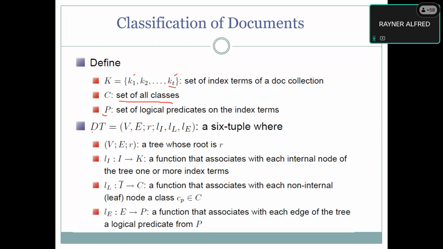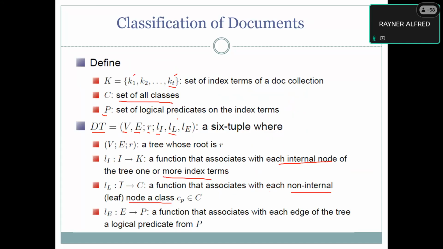So the decision tree consists of the vertex, the edge, the root, the internal function. This is a function that associates with each internal node of the tree one or more index, and also we have a function that maps to the non-internal, which refers to the class label that we have.